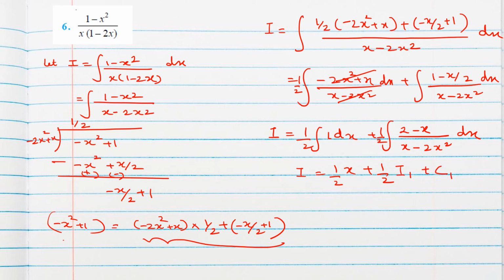This integral we can solve by using the substitution method or the previous method which we were using. So now for I1, I1 is the integral of 2 minus x divided by x minus 2x square dx.